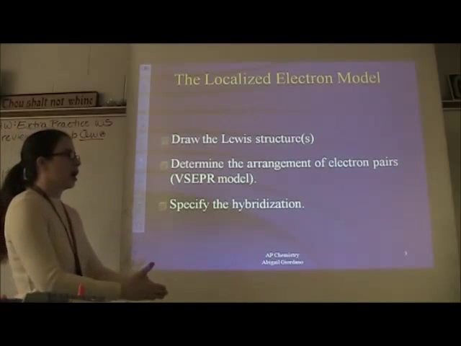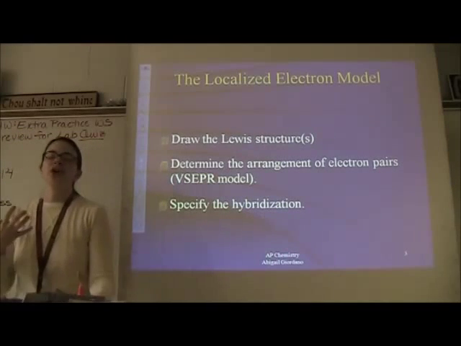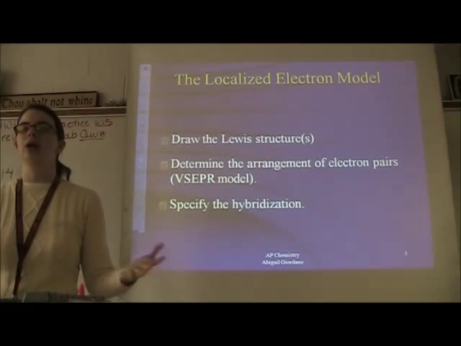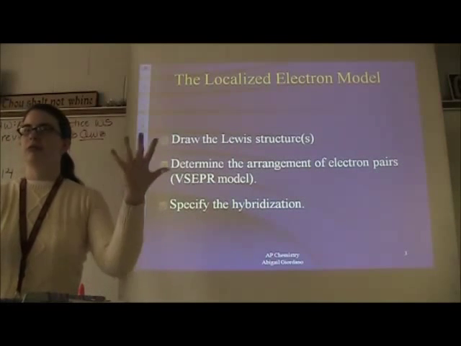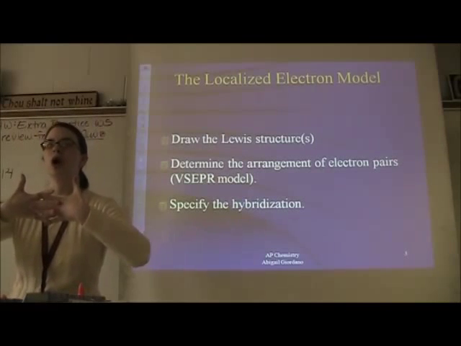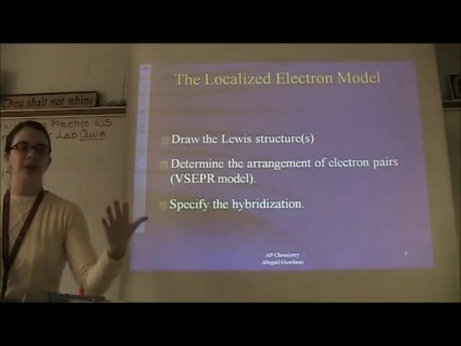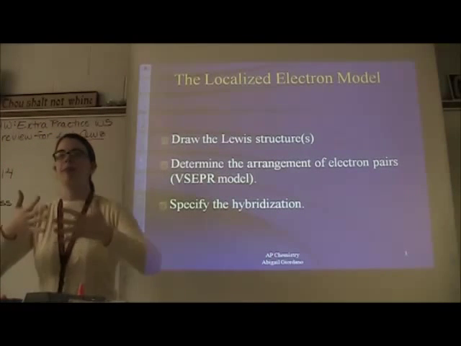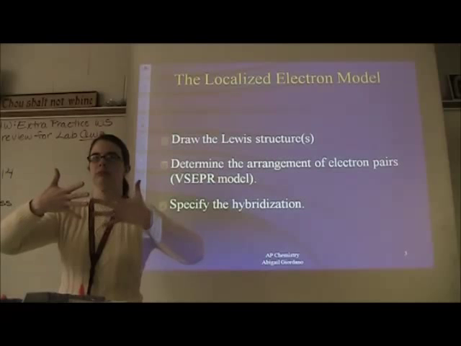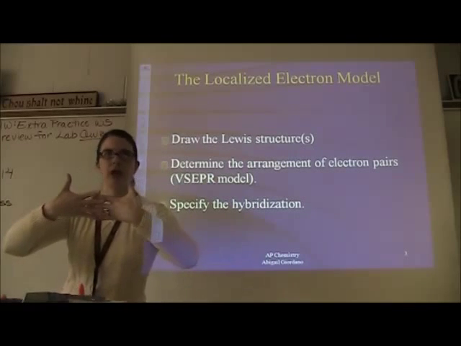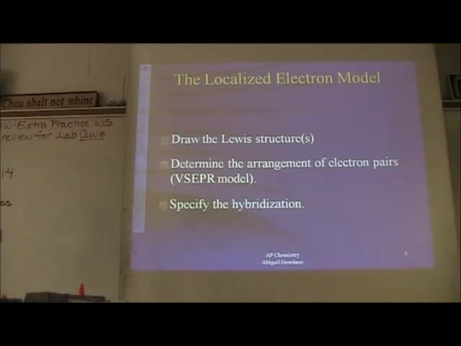So let's just start off. What does this word hybrid mean? You hybrid anything, a hybrid car. A combination, okay? A meshing of two concepts into one thing. So for example, a hybrid car, you're meshing what with what? Gas and electric, okay, into one car.